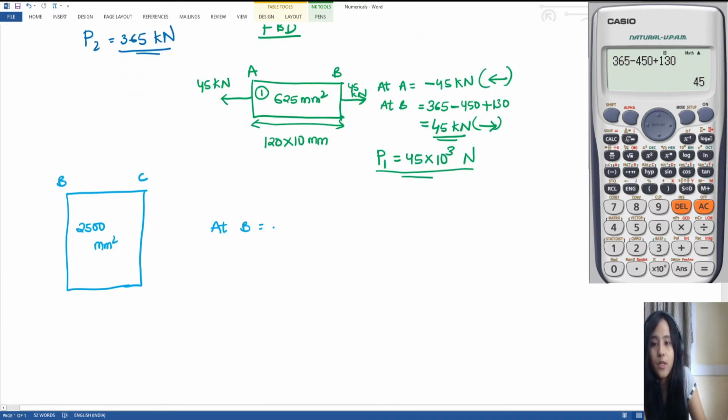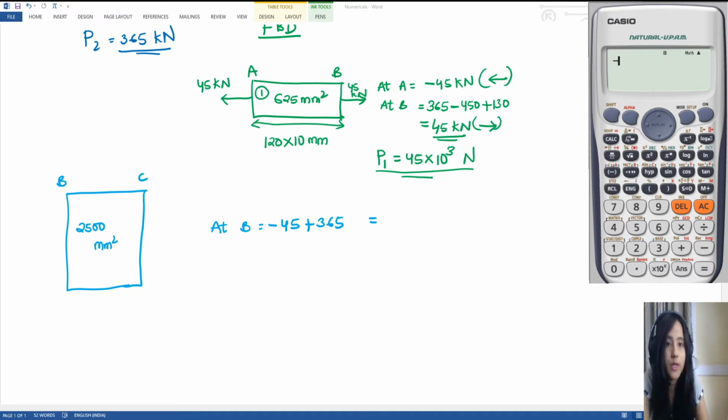So here at B, minus 45 plus 365 will be coming equal to minus 45 plus 365. It's coming 320 kilonewton.